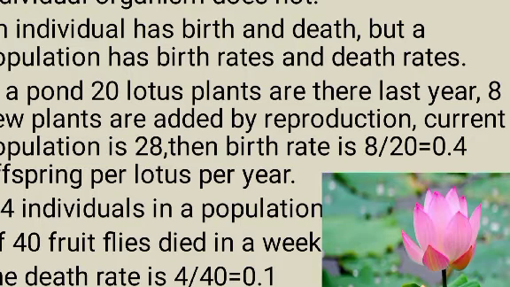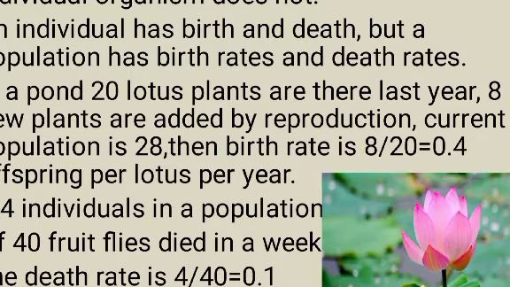What is the total number of individuals present last year? 20. Now it is 28, but we want to calculate not the total individuals but the birth rate, isn't it? So we have to divide the number of individuals added to the population by the total number of individuals present at that particular time.